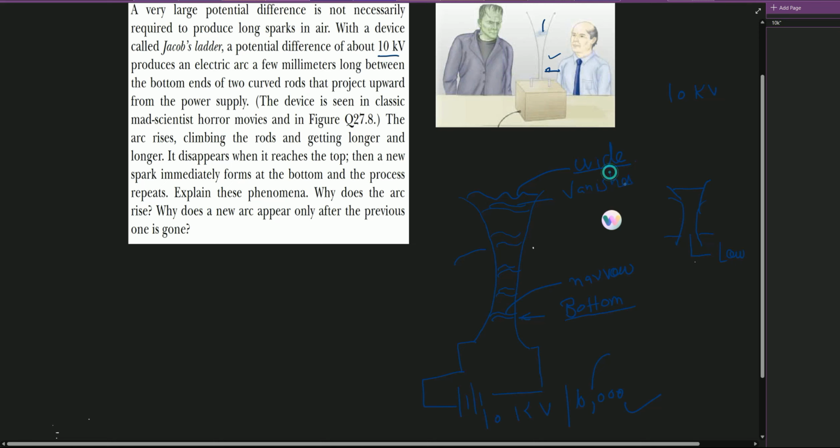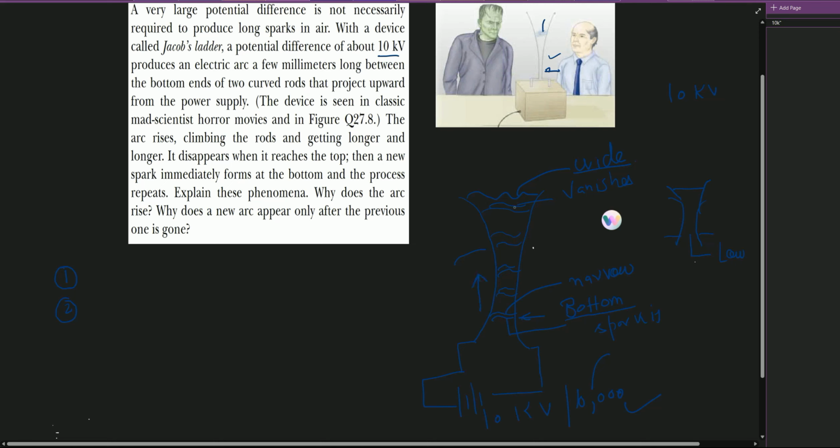So the question is, what is happening that a spark is getting generated here? That's question number 1. What is this spark all about? Question number 2 is, why does the spark go up? Why is the spark traveling upwards?